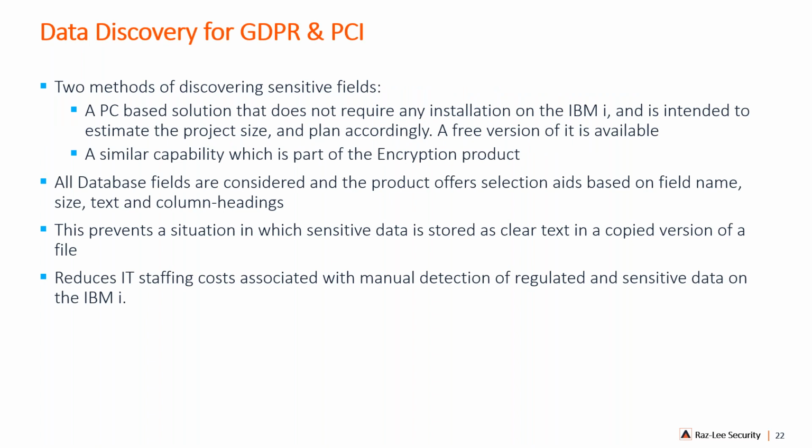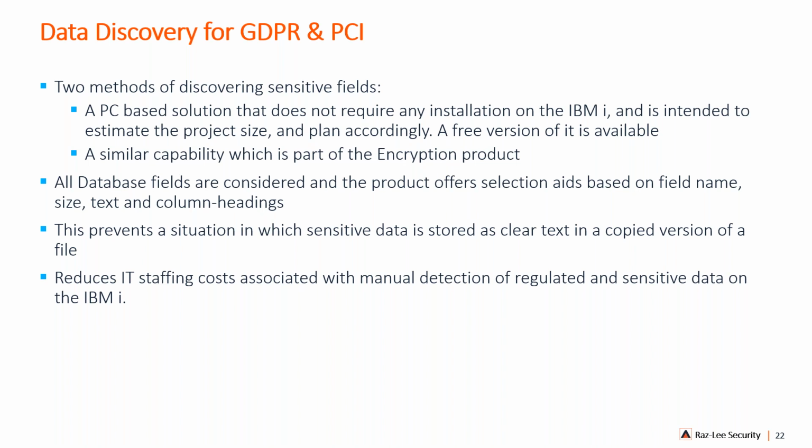Data discovery is a very important part of the software. Data discovery is the idea of finding all the pieces of information which are very sensitive and which we wish to encrypt. We provide two methods to discover them.